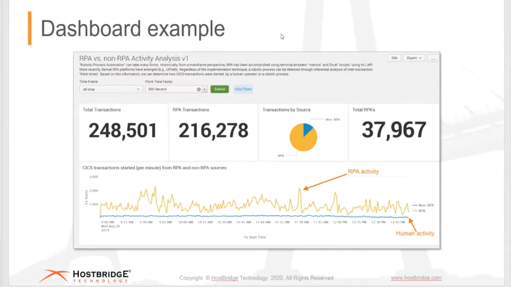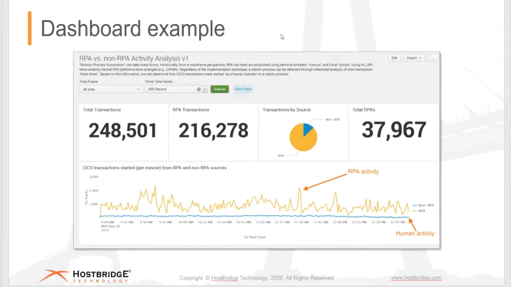We want to be able to see the inter-transaction think time, because it's one of the first and most obvious giveaways as to there possibly being some sort of robotic process or automated activity that's driving mainframe transaction volume. This particular slice of data was a 2-hour slice incorporating about 250,000 transactions.